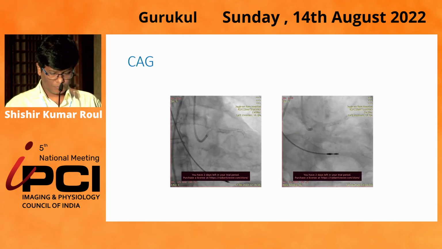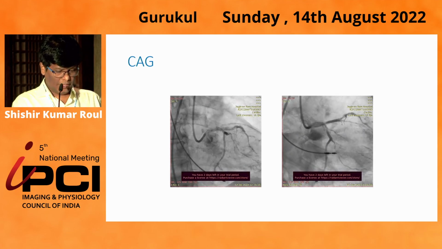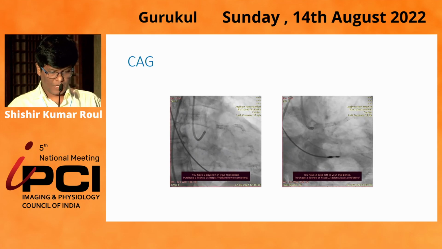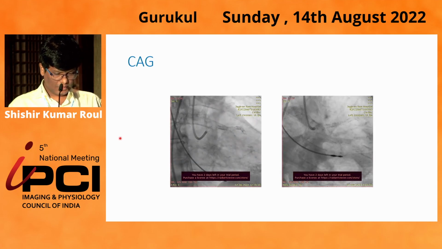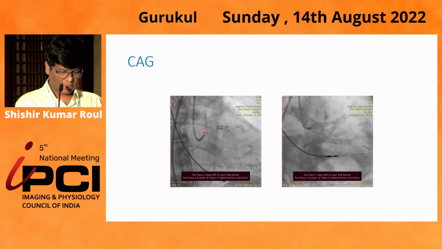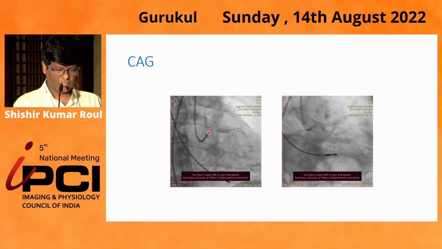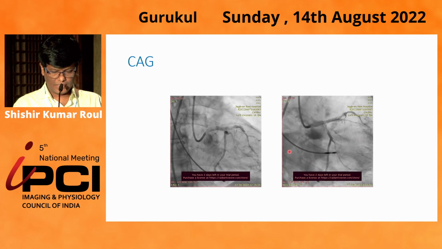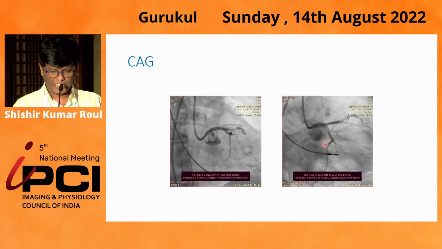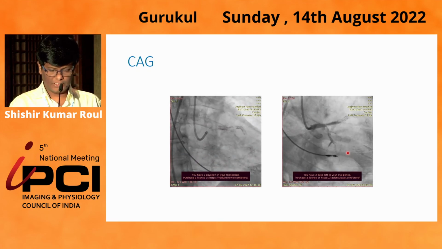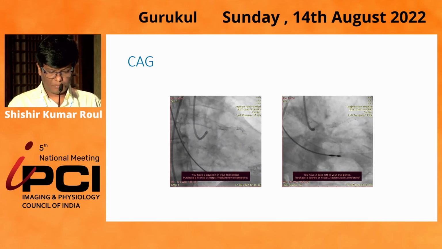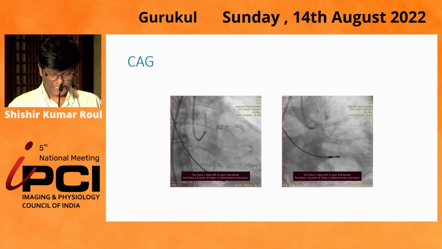You can see the angio. Here you can see the ostium of the left main is diseased. At the same time, you can see the ostium of the circumflex is also diseased, and the ostium of the LAD is also diseased, and a stent was put at the ostium of the LAD.